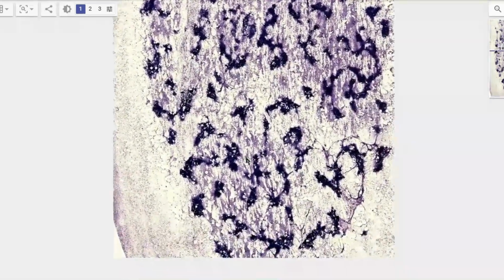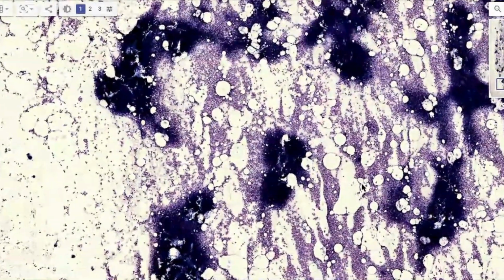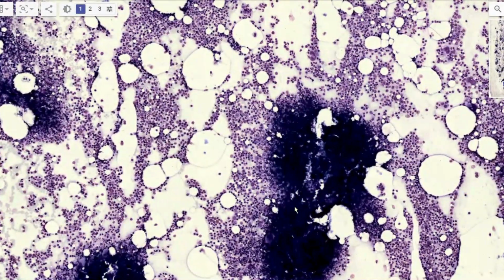I have already scanned this case, and you can see there's a plentiful amount of spicules, and also significant cellularity, and you can see all the components of the normal maturation in bone marrow.